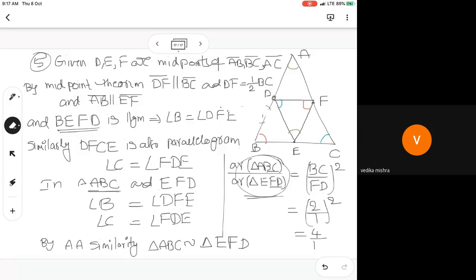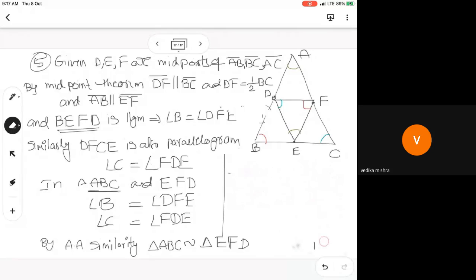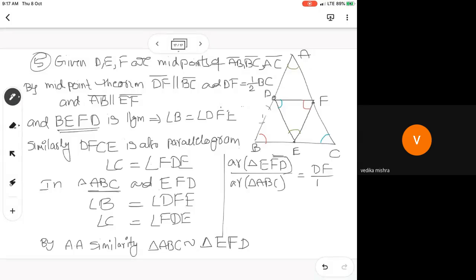Here 4:1 came because we have taken ABC by DF. If you continue like this also, take the reciprocal at last and it will be right. But why create the confusion? Area of triangle EFD by area of triangle ABC is equal to DF by BC whole square.